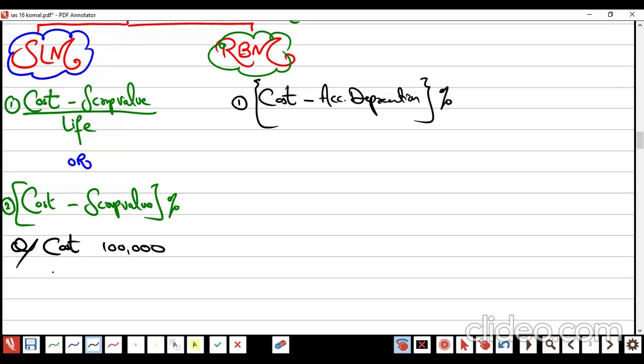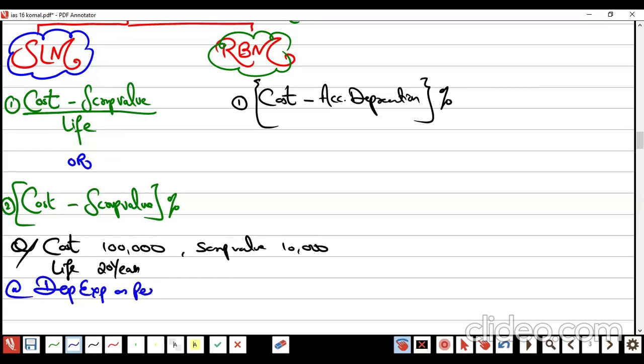Let's suppose the scrap value is 10,000. Life is 20 years. Number one, I would like you to compute depreciation expense as per the straight line method.